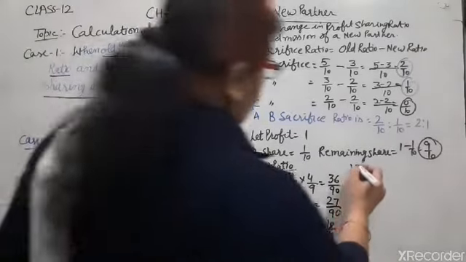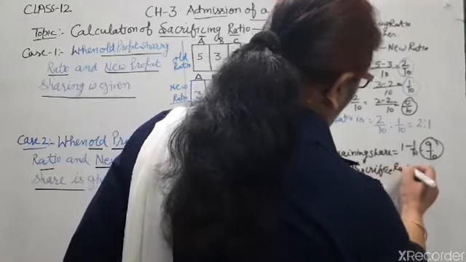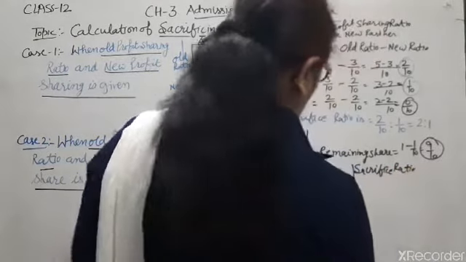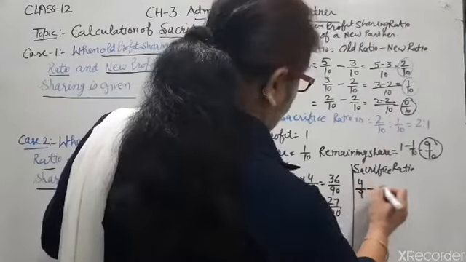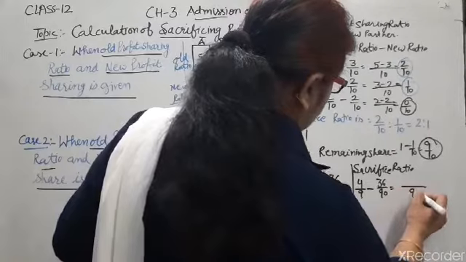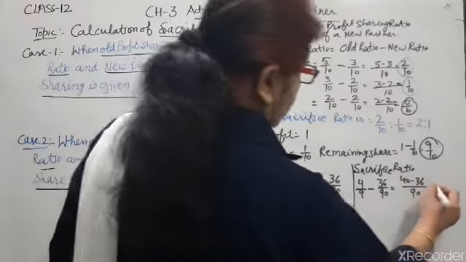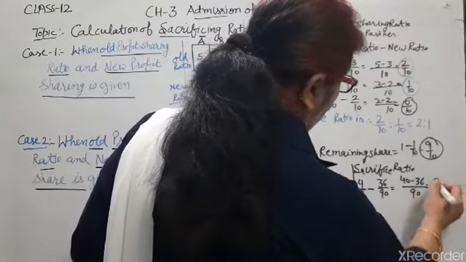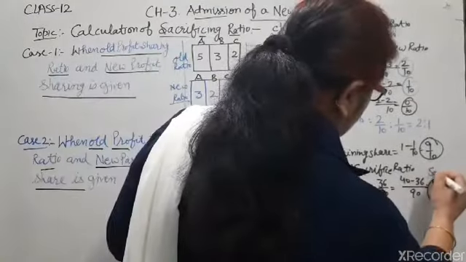We will find the sacrifice ratio by using the formula old ratio minus new ratio. For A, old ratio is 4 by 9, new ratio is 36 by 90, LCM is 90, then 40 minus 36 is equal to 4 by 90, that is the sacrifice.